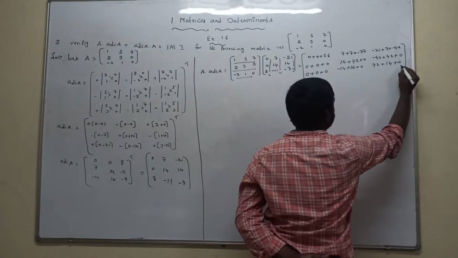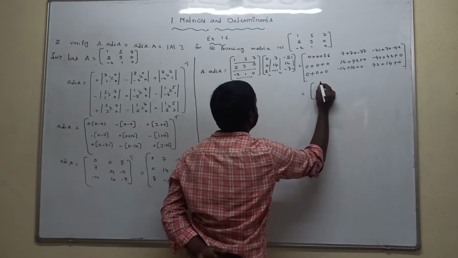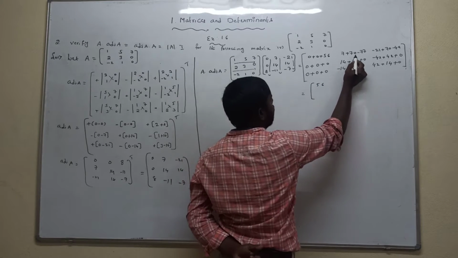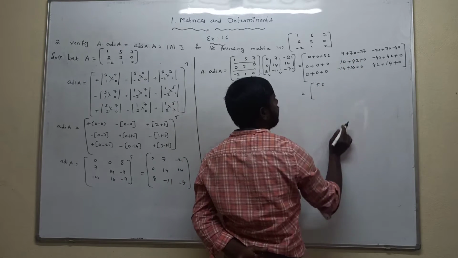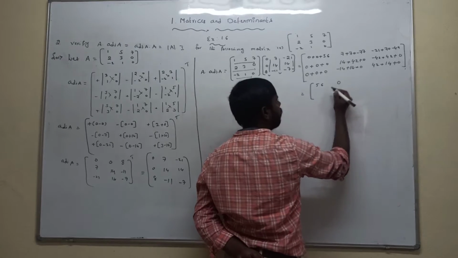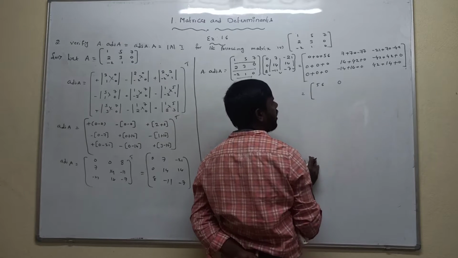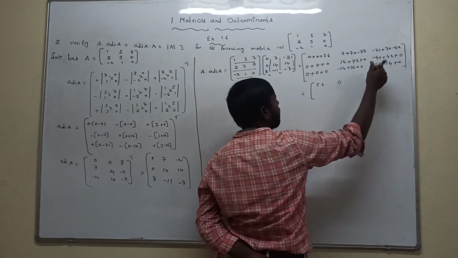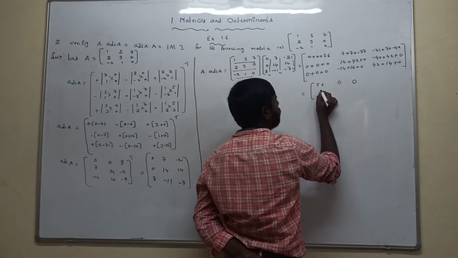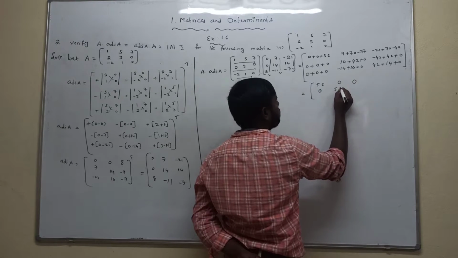Simplify this one. 56 plus 70 plus 7, that is plus 77. Plus 77 minus 77, the value is 0. Next, minus 21 minus 49, that value is minus 70. Minus 70 plus 70, that value is 0. 42 plus 14, that value is 56.